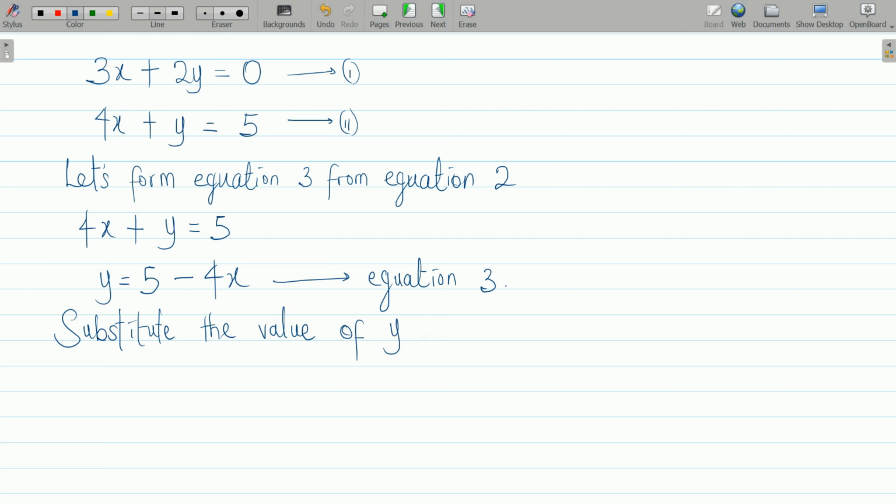Then I will substitute the value of y in equation 3 into equation 1. Equation 1 is 3x plus 2y equals 0.